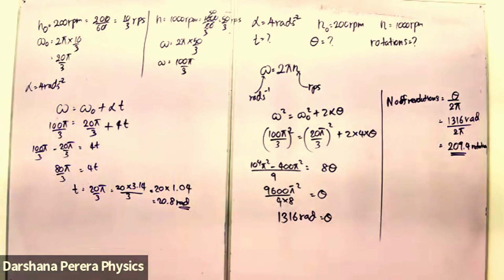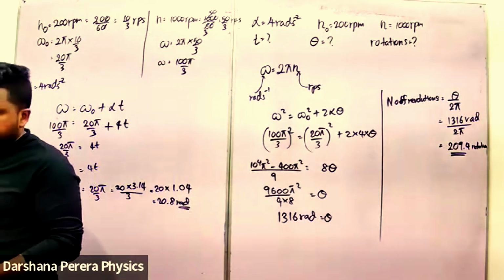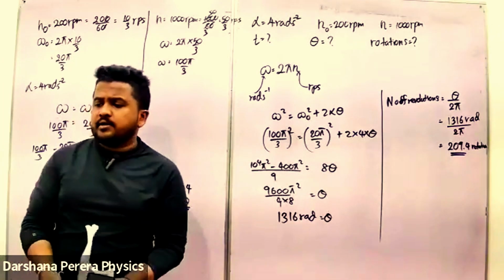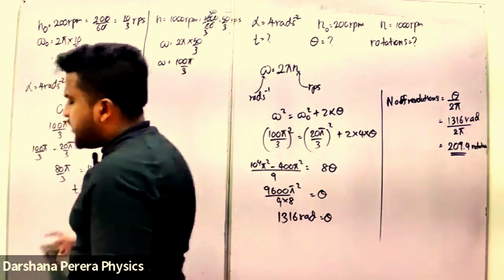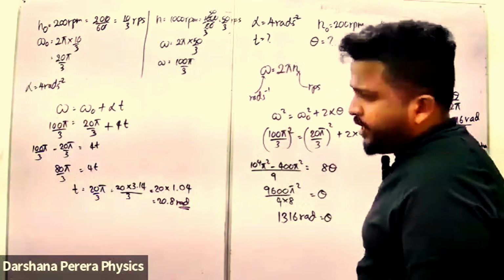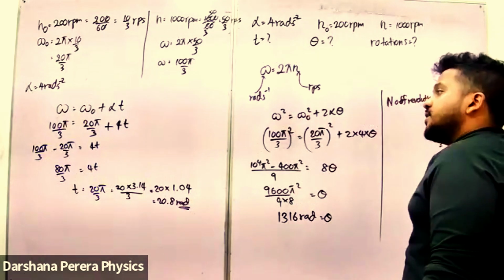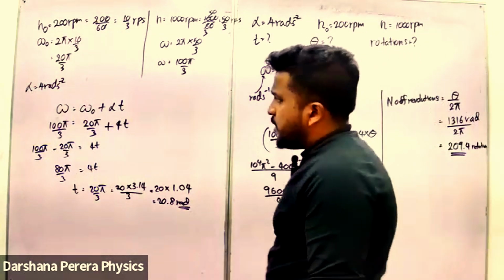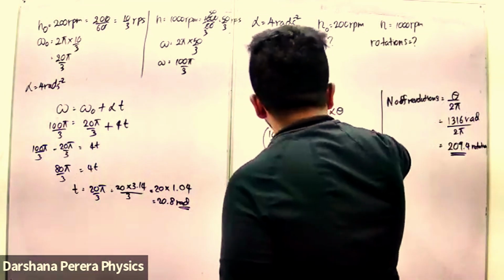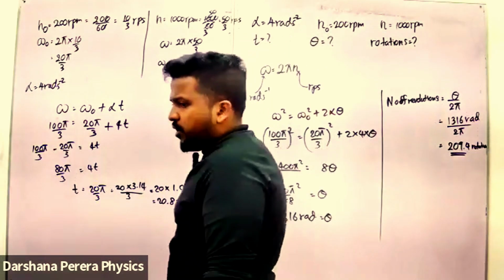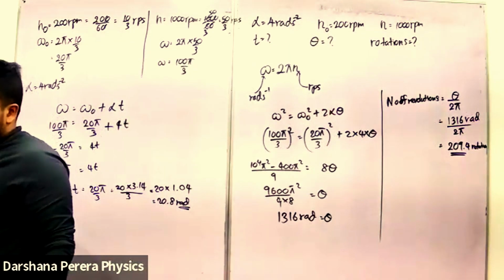Then there is a method. In this case, we are using the general equations for the rotation, but we can take the rotation in one equation. Using one equation, there is a small method.